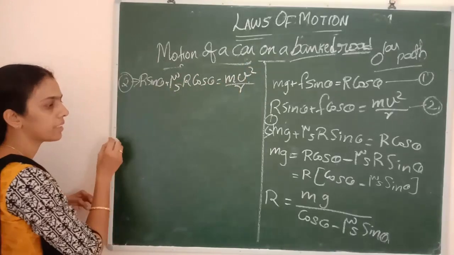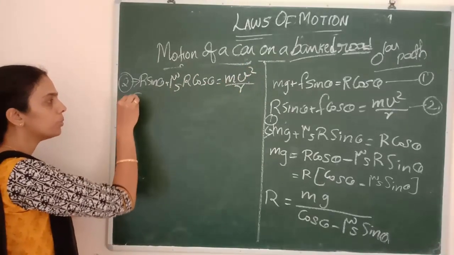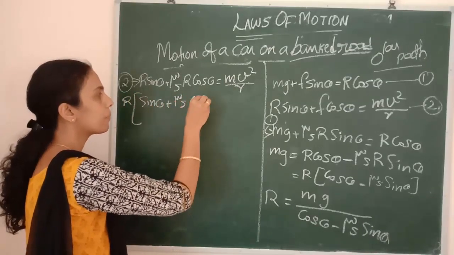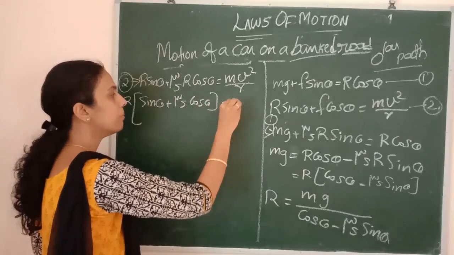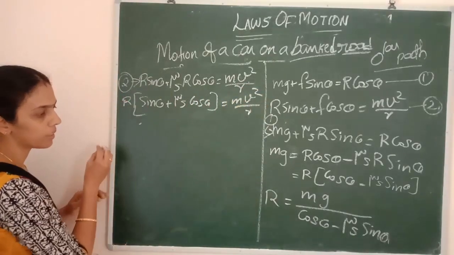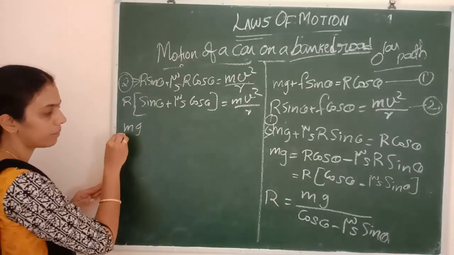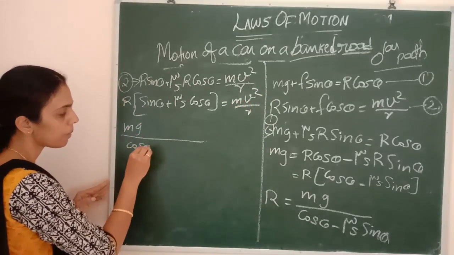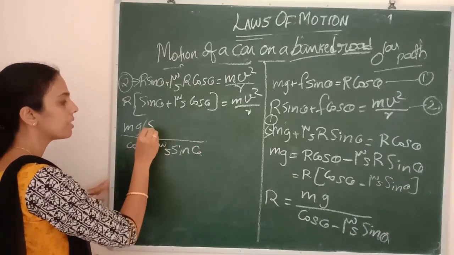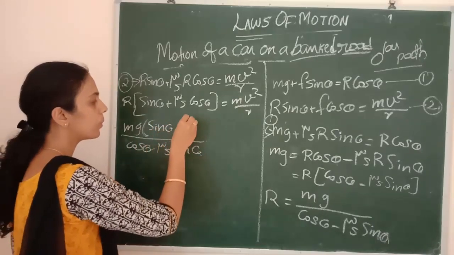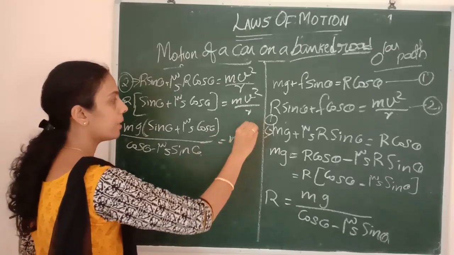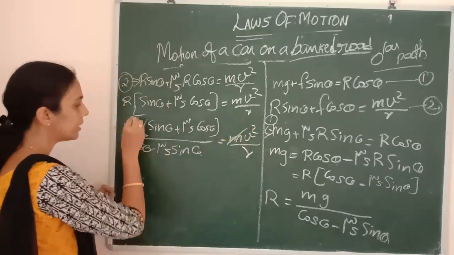Okay, so R I am taking as common. So R into sin theta plus mu s cos theta equals mv square by R. Instead of R I am substituting this value, mg divided by cos theta minus mu s sin theta, times sin theta plus mu s cos theta equals mv square by R. So m is here, m is here.